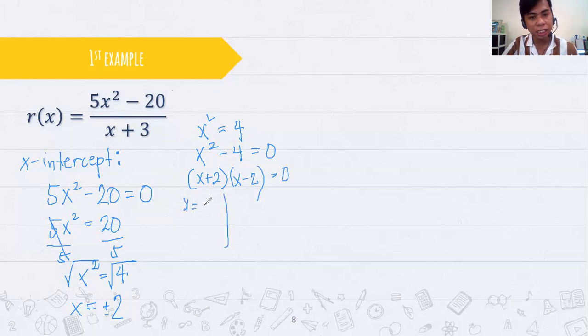So we have x plus 2 equals 0, so x is equal to negative 2, and x minus 2 equals 0, so we have x is equal to positive 2. Ayan. So it should be positive and negative 2. Kaya pag nag-square root tayo, don't forget to put plus minus.